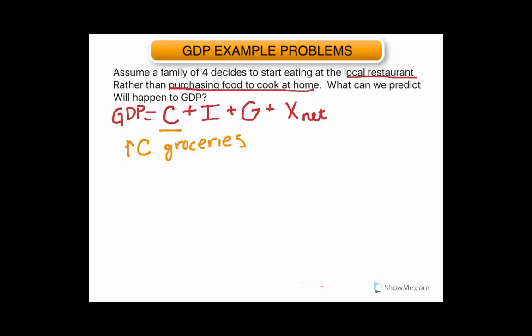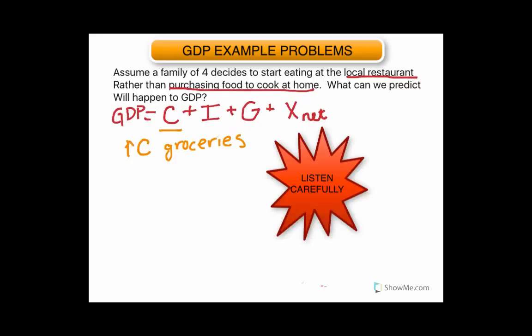But the problem says they decide to start eating at a local restaurant rather than purchasing food at home. So if they're no longer purchasing food to cook at home, then the opposite is happening.